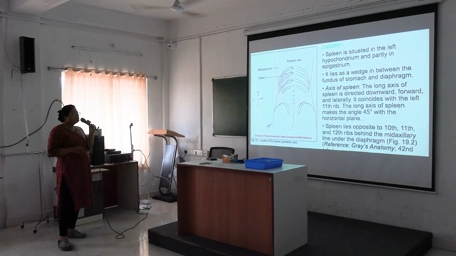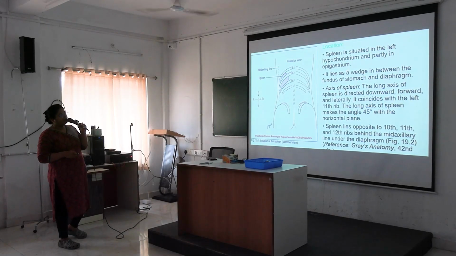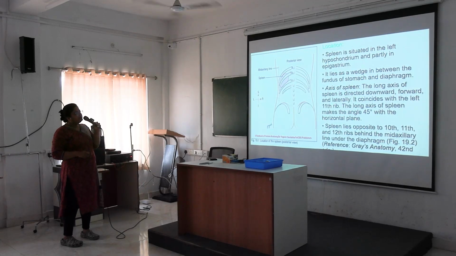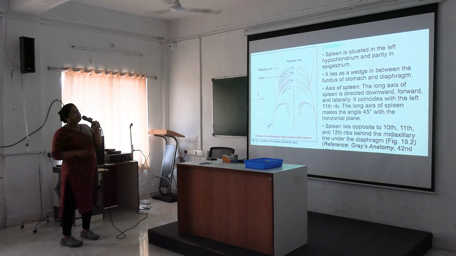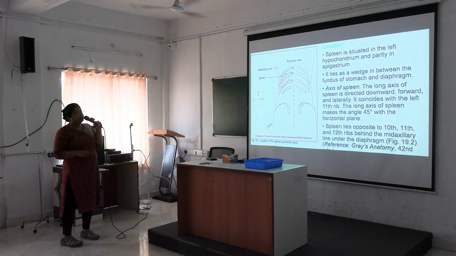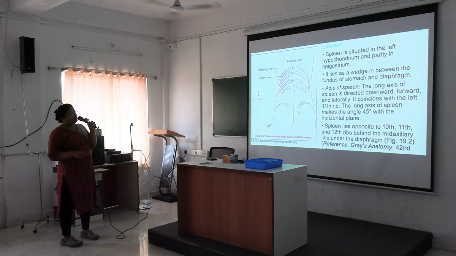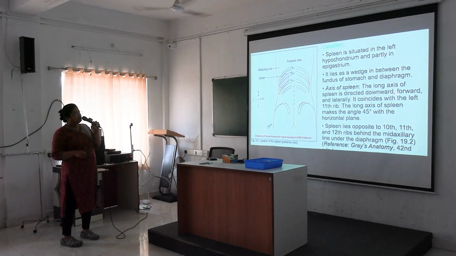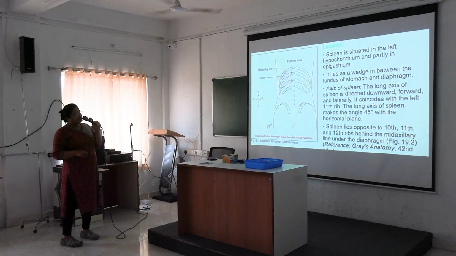So the spleen is situated in the left hypochondrium and partly in the epigastrium. It lies as a wedge between the fundus of the stomach and the diaphragm. What is the axis? The long axis of the spleen is directed downward, forward and laterally, and it coincides with the left 10th rib.